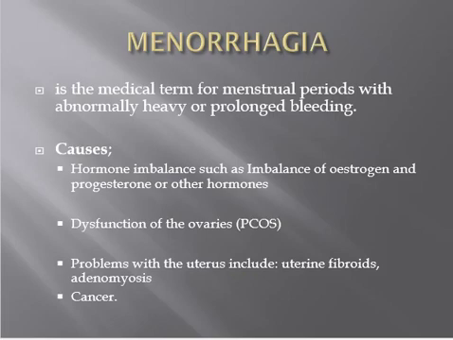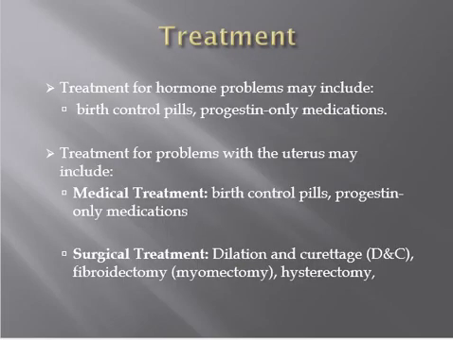So medications that can lead to this are hormonal medications such as estrogen, progesterone, or if you are on anticoagulants, this can contribute to you having heavy flows. So what are the possible treatments for this? Treatment for hormonal problems may include birth control pills, progesterone only medications.